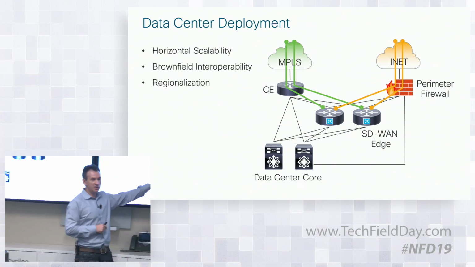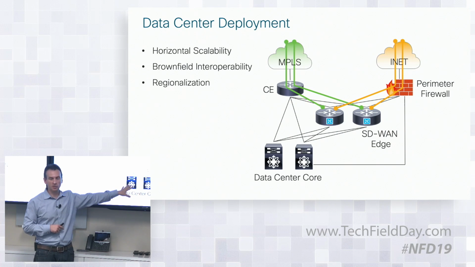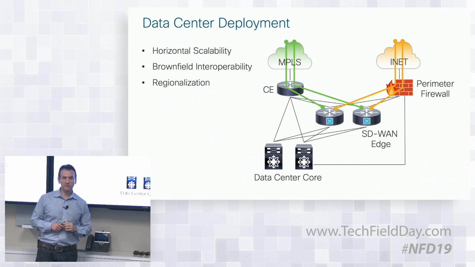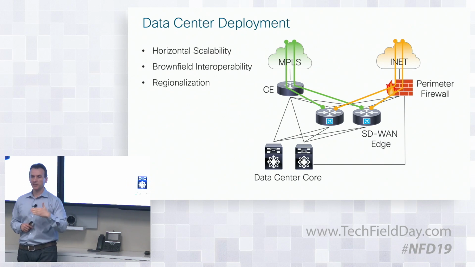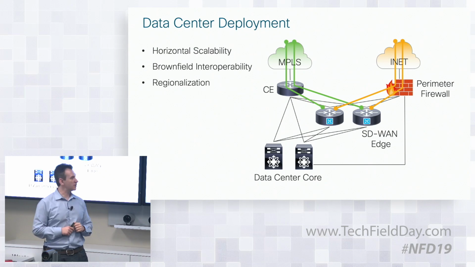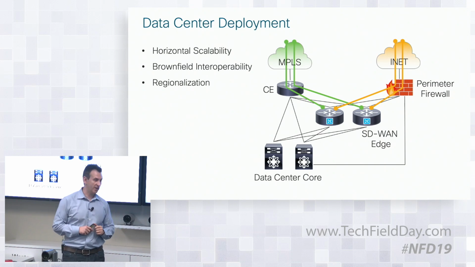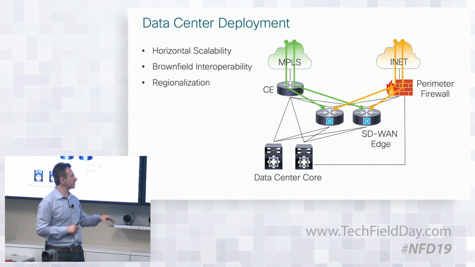These routers are inserted in a manner that is sandwiched in between the data center core and the front-facing layer of MPLS, which is the MPLS CE routers and the firewalls that front-end the internet connectivity that already exists in the data center today, before even starting SD-WAN adoption. Right? So it's a typical topology of the data center.